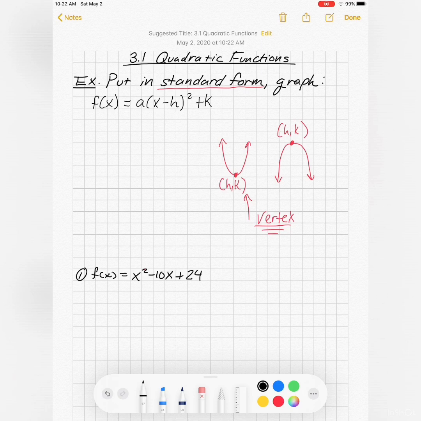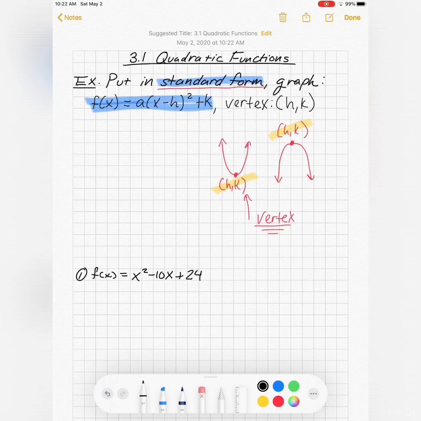Now we like this nice standard form because this gives us the vertex of the parabola. We can actually read off the letters h, k, and we have that information immediately. So that's why we like standard form.